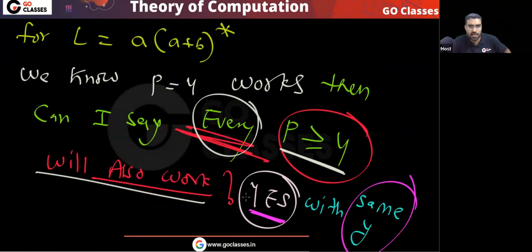Isn't it interesting that if p equal to n is working, then p equal to n plus 1 will also work?